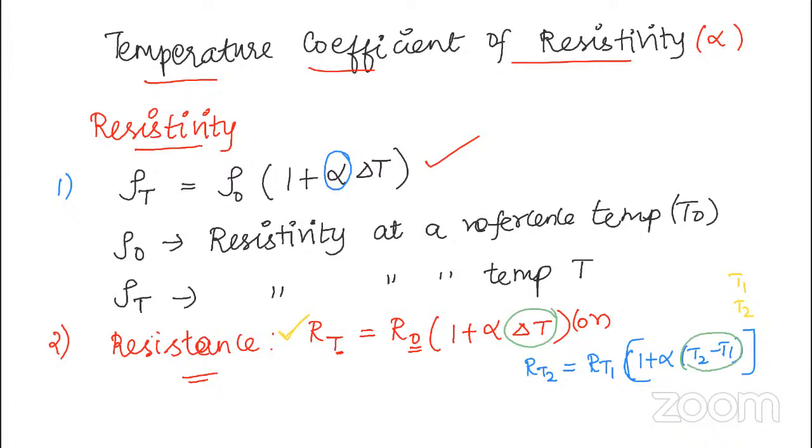Here 0 is the initial temperature and T is the final temperature; likewise, T1 is the initial temperature and T2 is the final temperature. That is the difference.